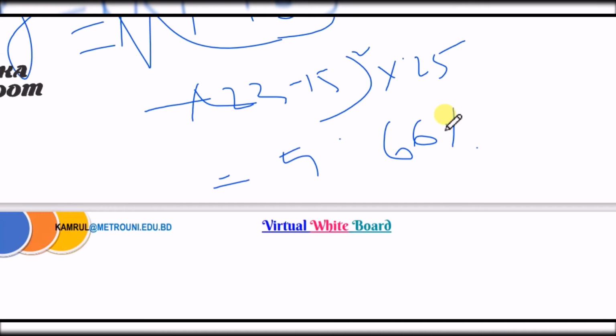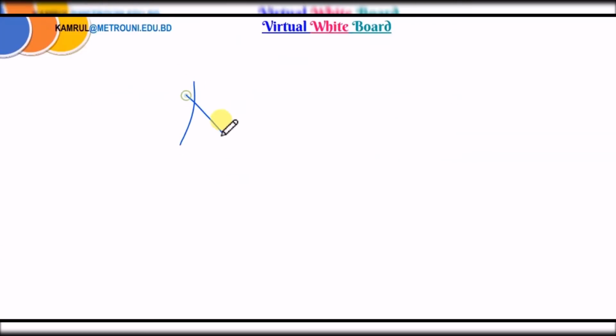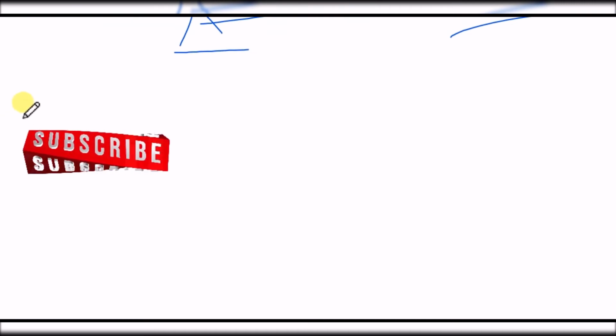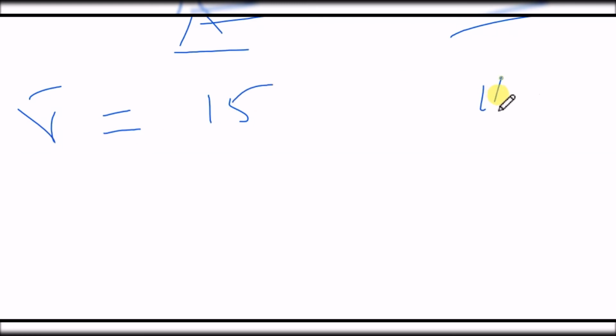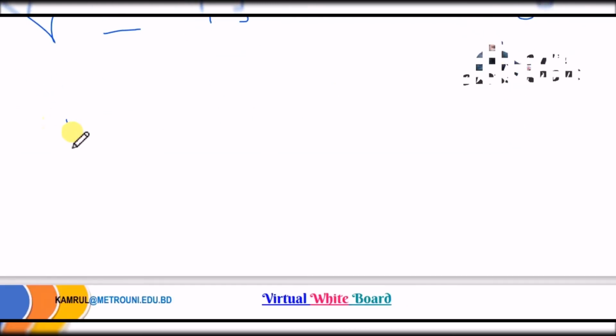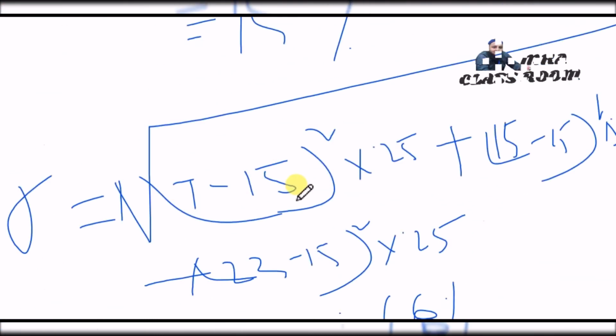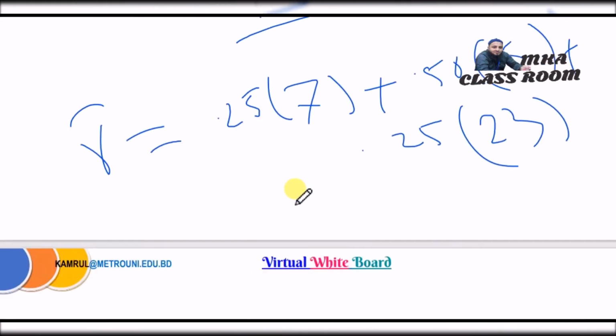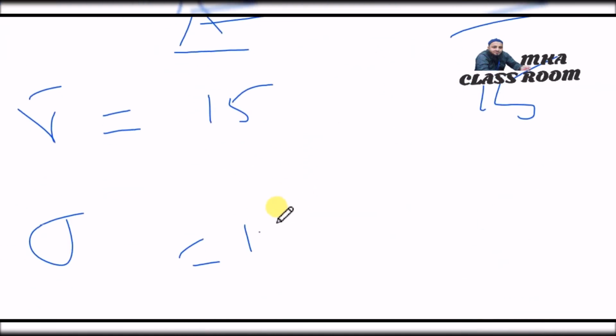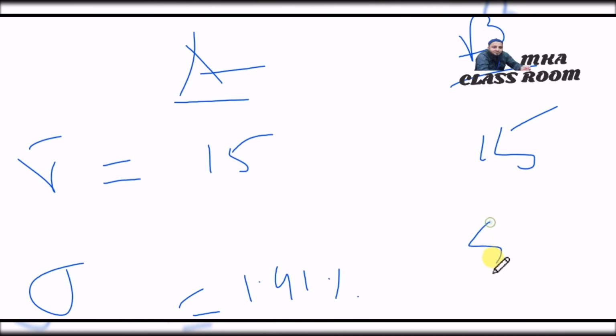So here we will see A and B, the two projects. Expected rate of return is 15%, and it is also 15%. Sigma or risk is 1.41% and here 5.66%.